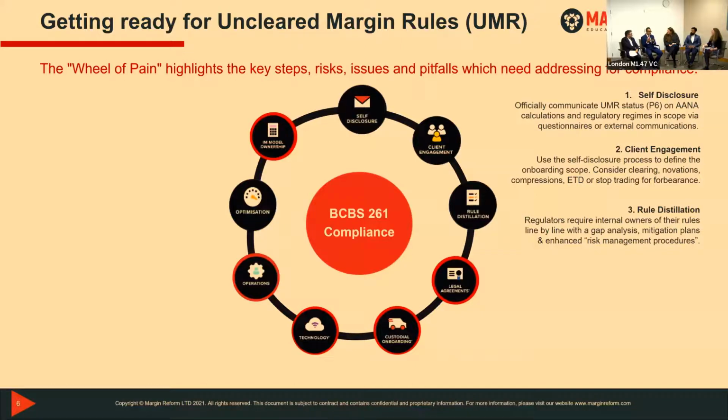And there's a questionnaire, and it's really good that the dealers send you these questionnaires, so you can go through each of those questionnaires and fill out what regimes are in play, and that also allows you to prioritize what relationships you're going to focus on. So those first two steps are really important for everyone to do. Work out your AANA, engage with your counterparties, understand what regimes are in play, and then go into the next step, which is around repapering.